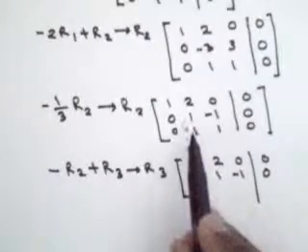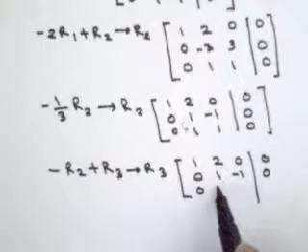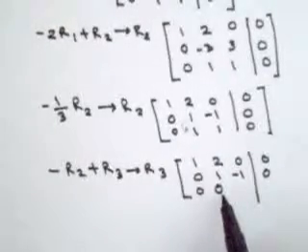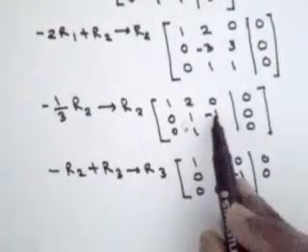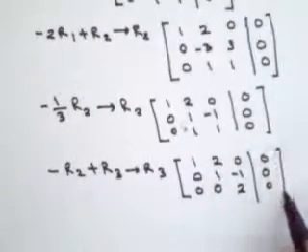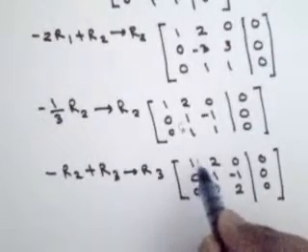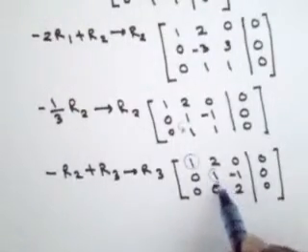Minus 1 plus 1 equals 0, so we have got the 0 here. And thirdly, we have minus 1, minus 1, it should be plus 1, then plus 1, it should be 2. So we got our two leading ones here. The first one is this, the second one is this.